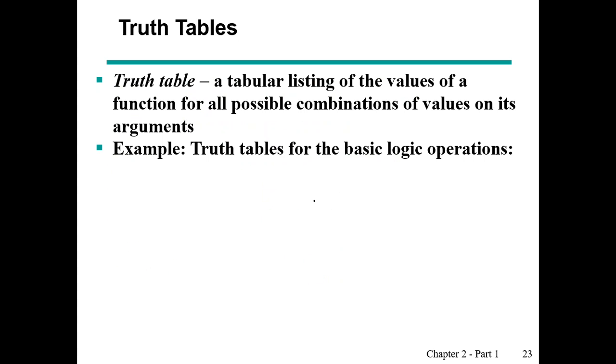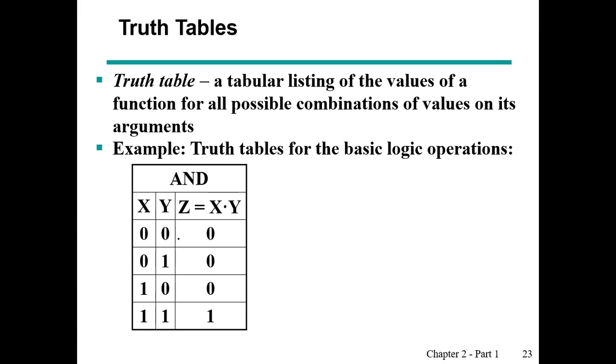We talked about the truth table as well. So what is the truth table? It is a tabular listing of the values of a function for all possible combinations of values on its arguments. Arguments are inputs. So if you have any function and you write down all the values of that function for all possible combinations of its arguments or inputs, that is a truth table.